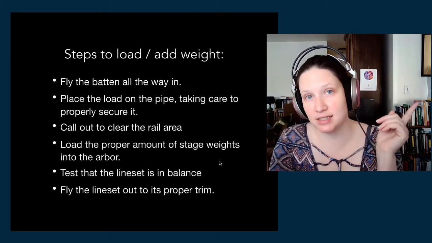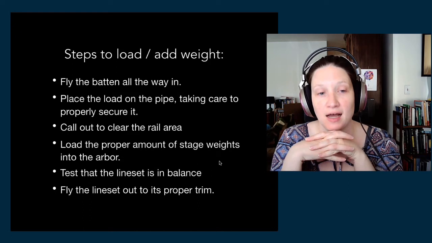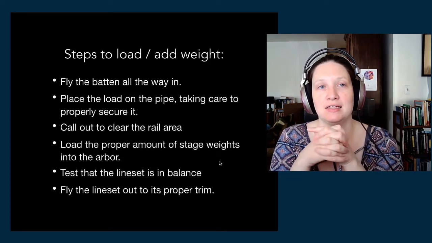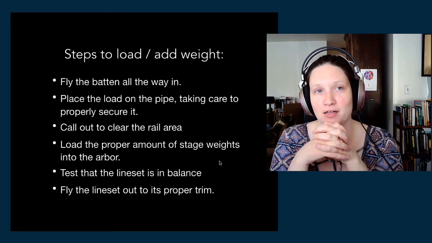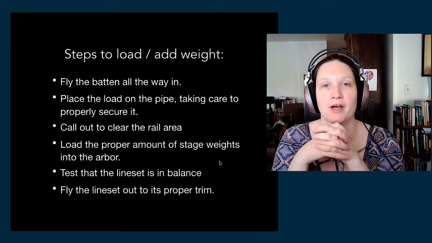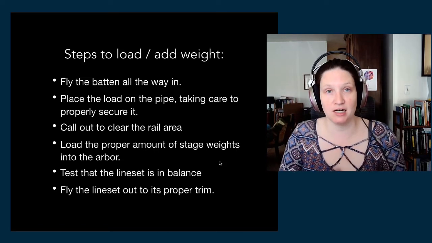It's not always this easy, and we'll have John tell us a little bit more about that, because sometimes the equipment that you hang is not taken onto the pipe immediately by weight, right? So if you are hanging something like scenery, which is very heavy, when you add that weight to the pipe, the scenery is probably still sitting on the deck, right? It's probably still sitting on the stage.